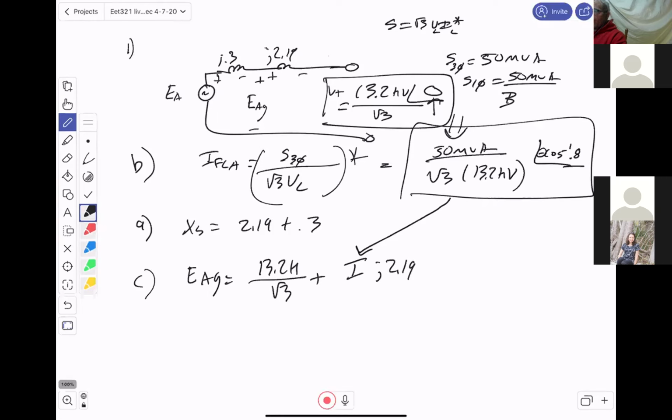Let me see if I can bring up the image. Hold on, because I'm using two computers. It gets a little bit. Let's see if I can find the figure. Do it that way.